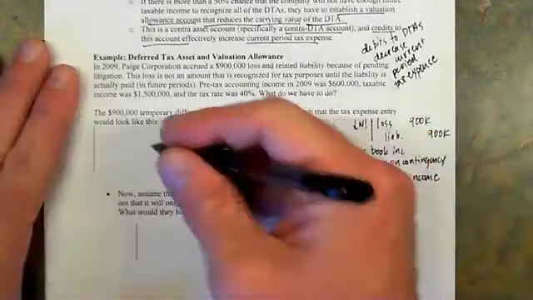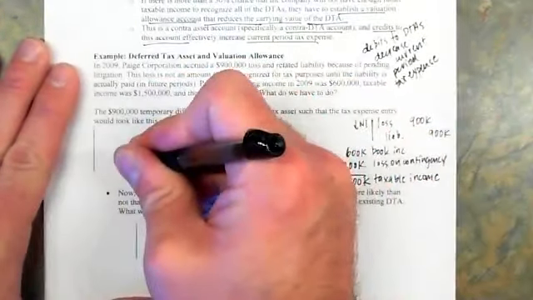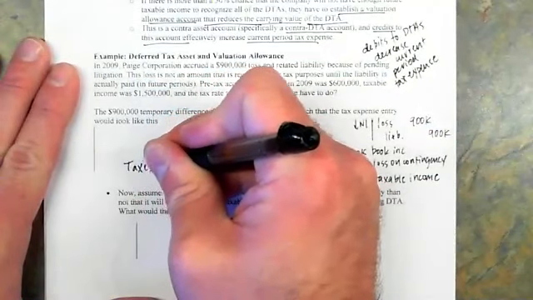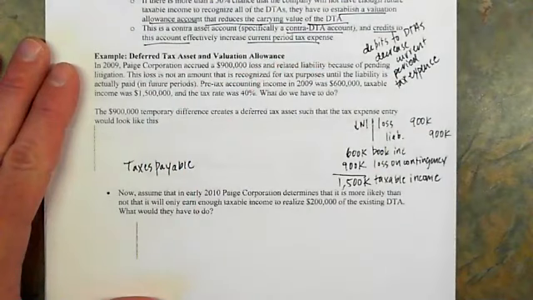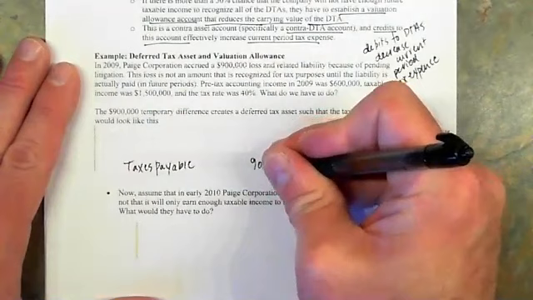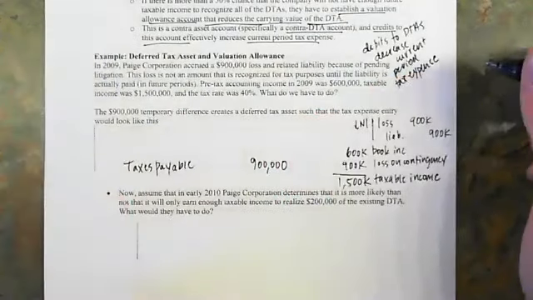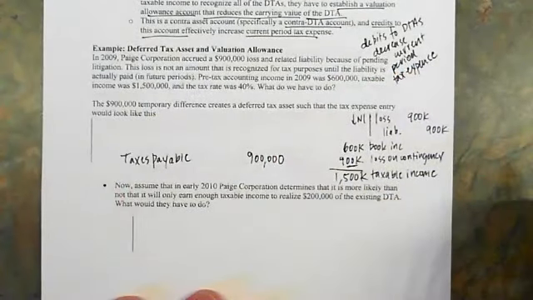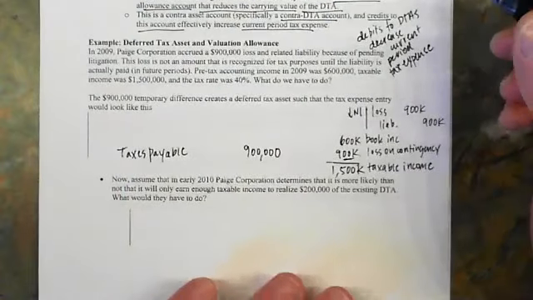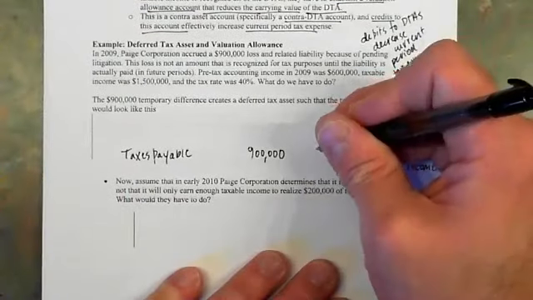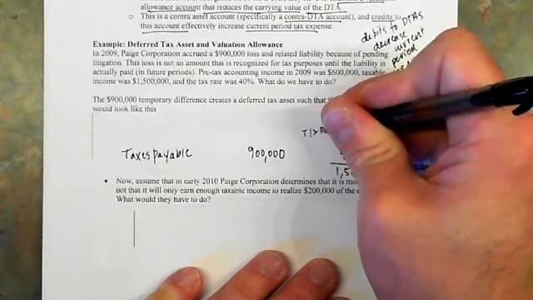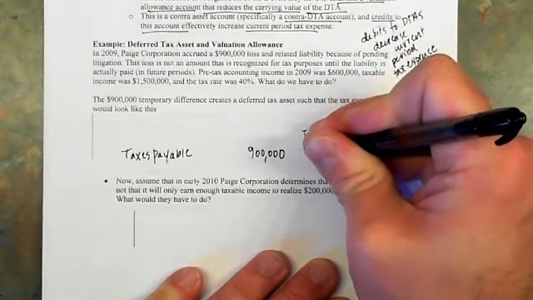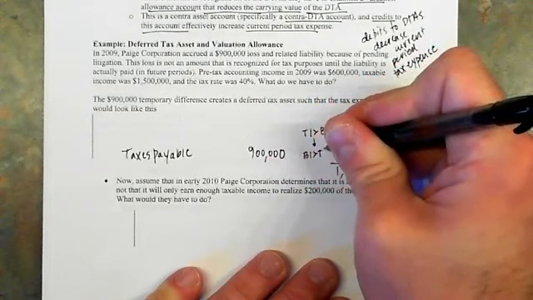So now we would have taxable income, or taxes payable. I keep saying that. Taxes payable, 1,500,000 times 0.6 gives me $900,000 of taxes payable. This establishes a DTA. Remember, when taxable income is greater than book income at the originating entry, then it's going to reverse such that book income is greater than taxable income.